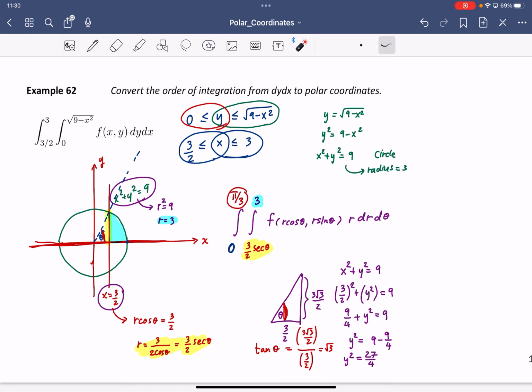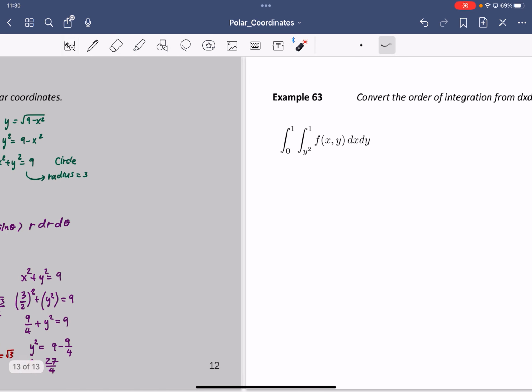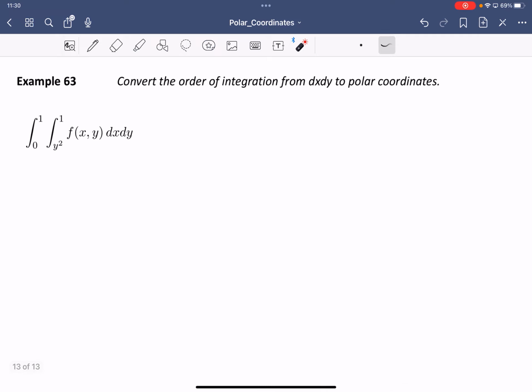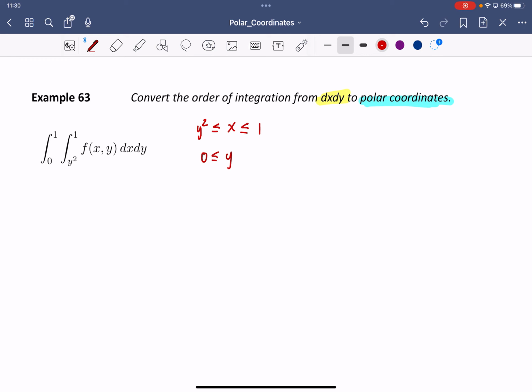Okay, the last one is example 63. Ready? So example 63. Draw the picture first. Again, we want to switch the dx dy now to polar coordinates. So draw the picture. Now x is between y squared and 1, and y is between 0 and 1.